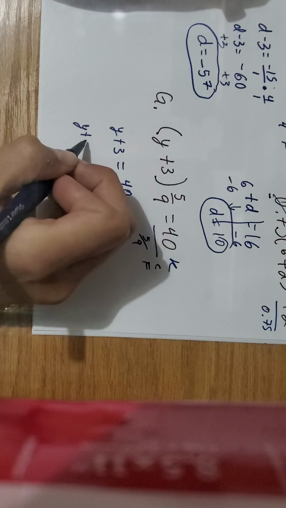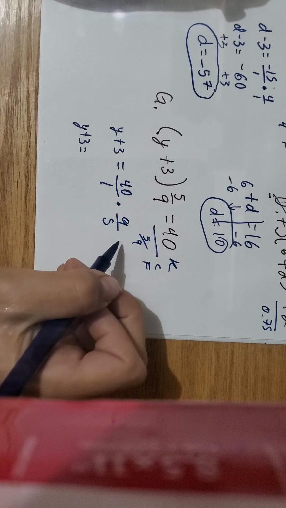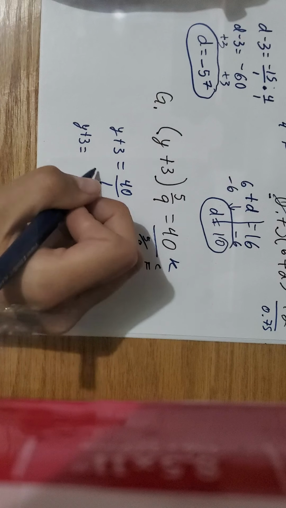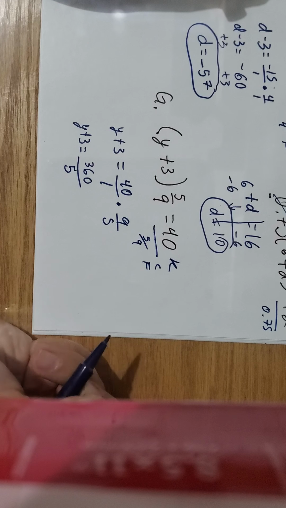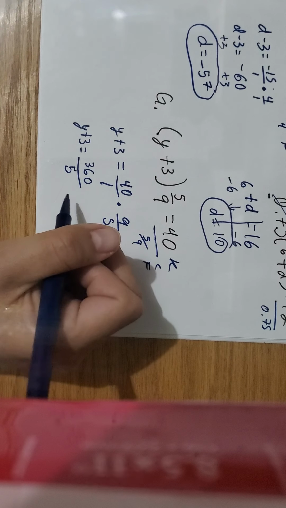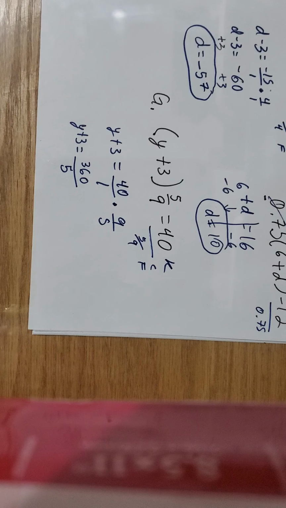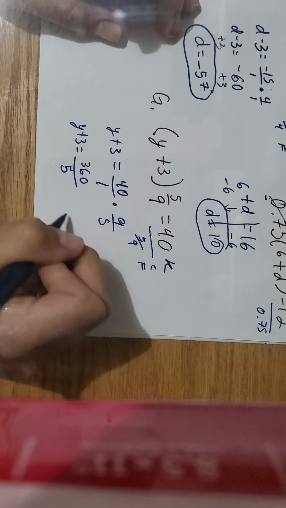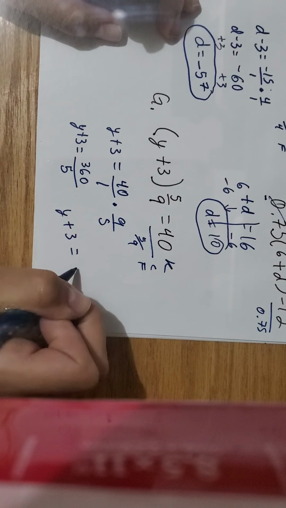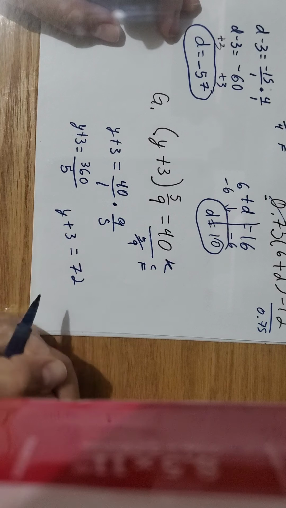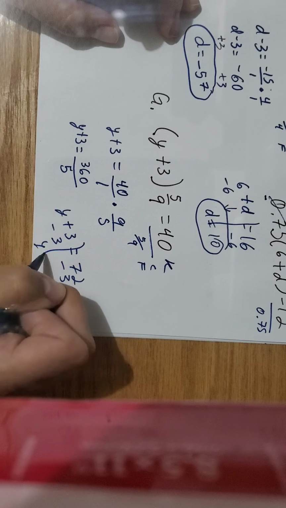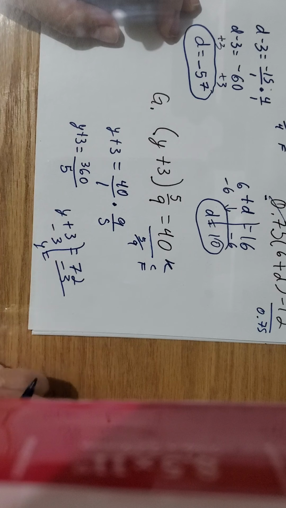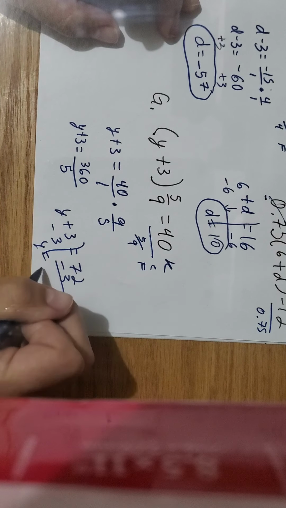Okay, so y plus 3 equals 40 times 9, or 4 times 9 is 36, and then you just add the 0, and then 1 times 5 equals 5, and then 5 fits into 360 72 times. So now you have y plus 3 equals 72. Minus 3 on both sides, opposite again, y equals 72 minus 3 equals 69.